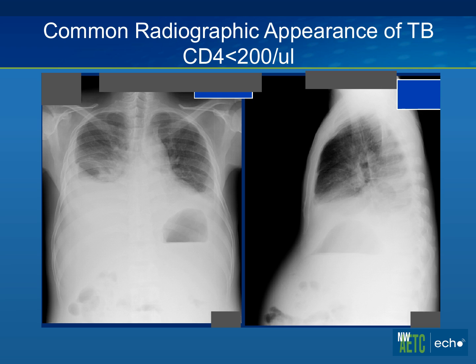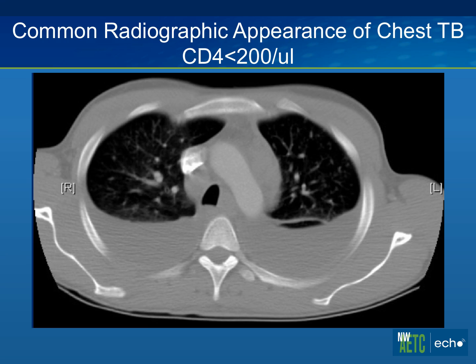And then last but certainly not least, if you look at the lateral film, you can see that his abdomen is distended there, and he had ascites as well.